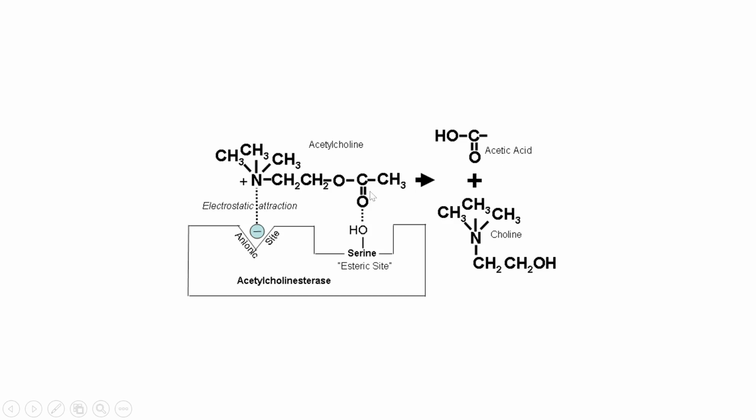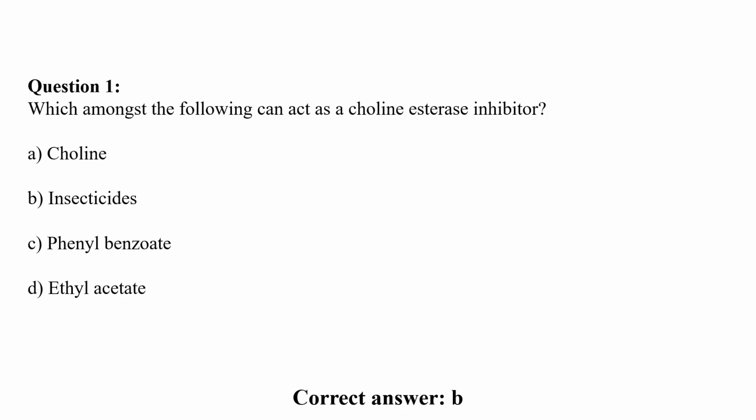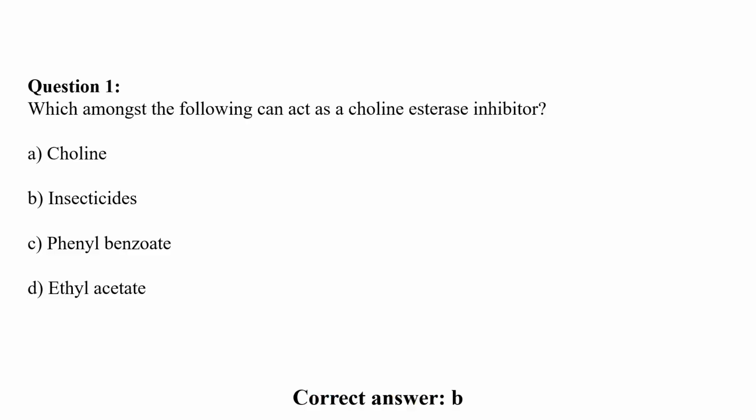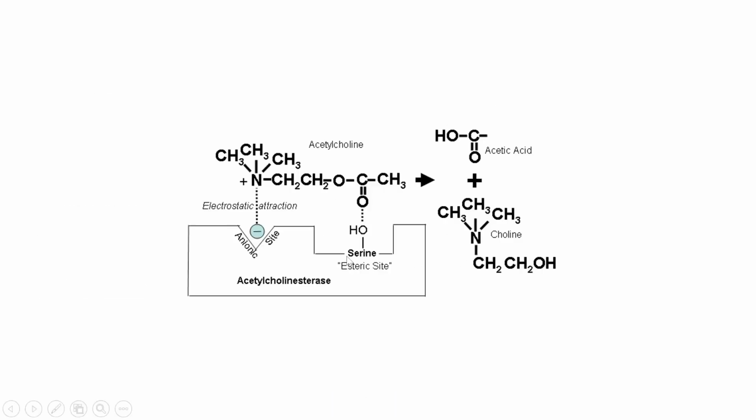Now what happens when we have insecticides and pesticides? Most of them have phosphate groups present in them. In the presence of phosphate, in this pocket, the esteric site that you are seeing, the OH group of serine can form a conjugate with the phosphate groups of the insecticides and pesticides. Thus the insecticide molecules can block the enzyme active site and prevent the binding of the substrate to the enzyme.